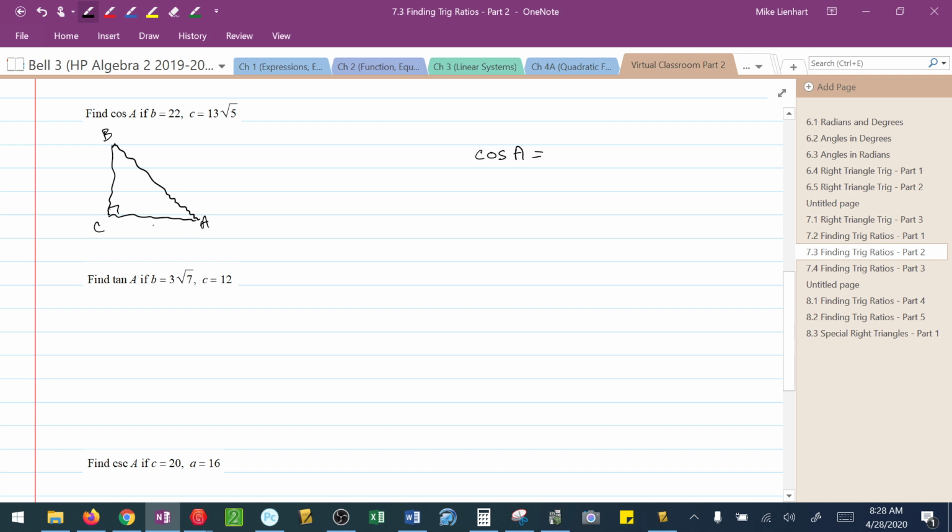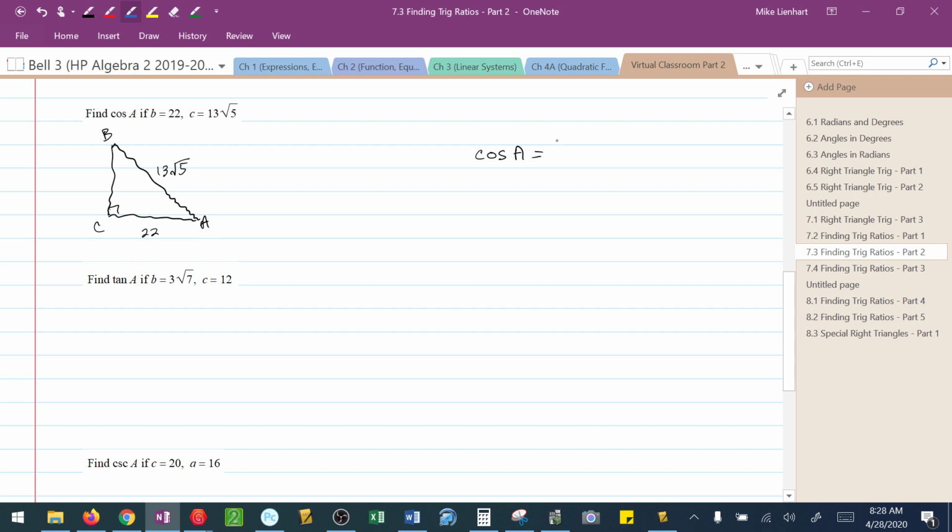I know side B is 22. I know side C, which is the hypotenuse, is 13 square root of 5. The cosine of A is defined as adjacent over hypotenuse. So I'm ready to go here. I've got the adjacent side, 22. I've got the hypotenuse, 13 radical 5.